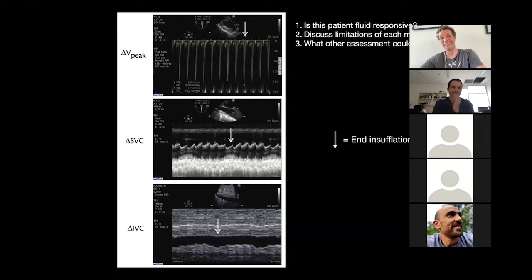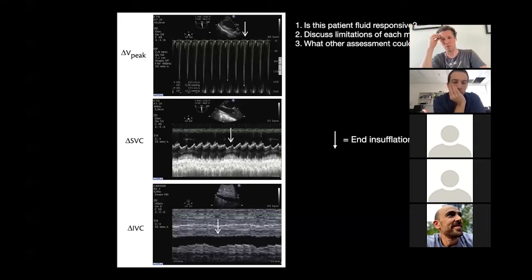Exactly right. And because I also don't really know whether fluid responsiveness is a thing or not. I think maybe it's worth saying, if a candidate were to say, fluid responsiveness means that if I give you fluid, your cardiac output increases. And that's what we're trying to do. If I'm giving you fluid, I'm trying to improve your cardiac output so that we will improve perfusion to your cells wherever they are.